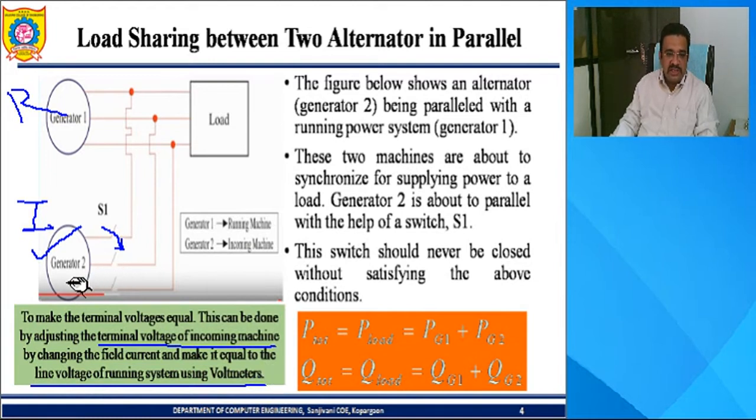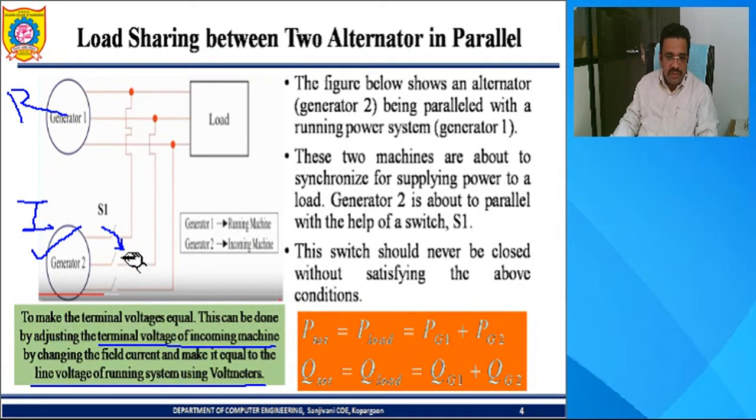When this alternator is connected in parallel with this alternator, speed control is achieved by changing the excitation. Excitation means a DC current which is given to the rotor of alternator 2.